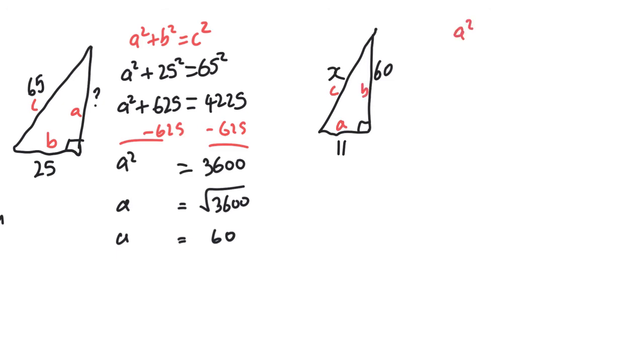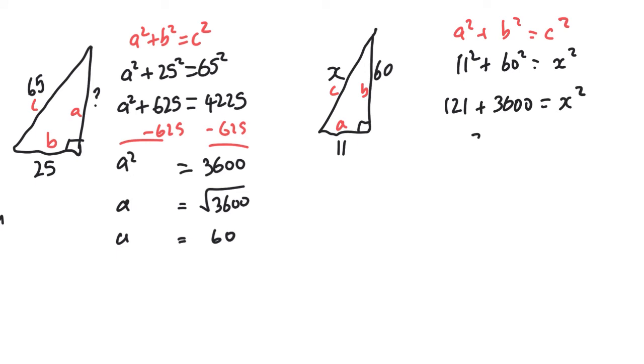So I've got a squared plus b squared equals c squared. So I've labelled the sides and I've put in Pythagoras Theorem. Now I substitute in, and I'm going to have 11 squared plus 60 squared equals x squared. 11 squared is 121 plus 3,600 equals x squared.